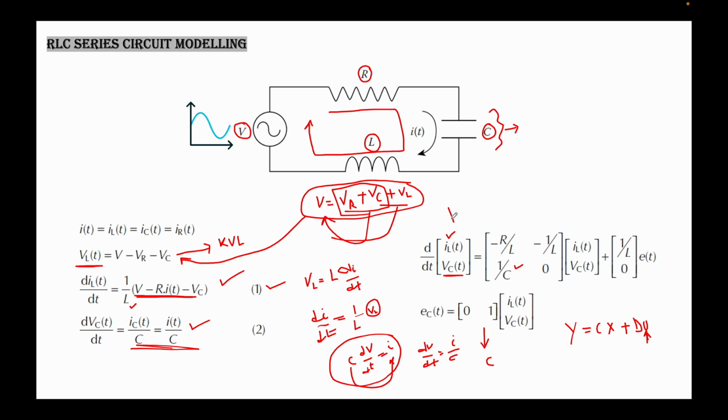This is dx by dt equal to Ax plus Bu. These are the state equations, and using them, we will be developing our MATLAB script which represents a plant model for this particular circuit, and we will be doing that in the upcoming video.